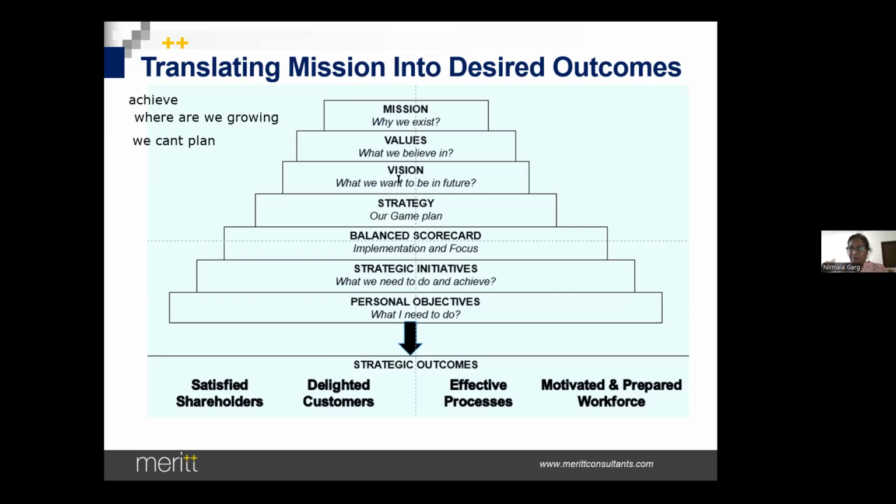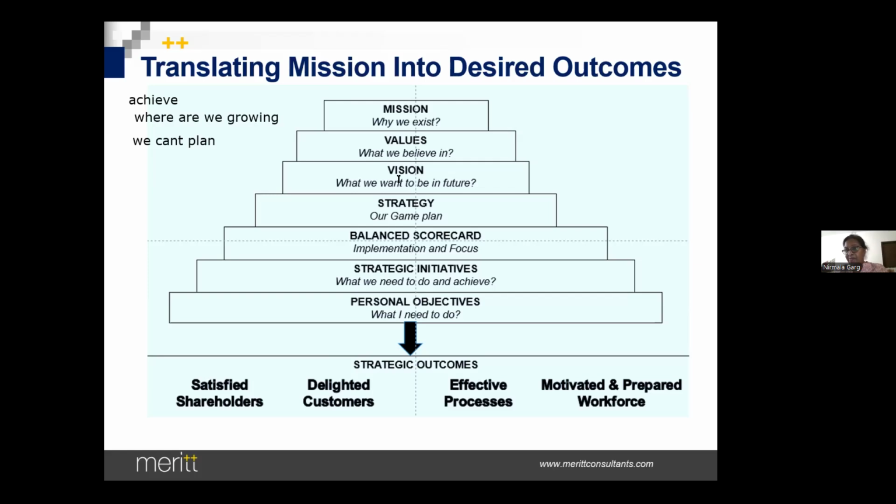HR is not just a third party or a service. It has to be a strategic function where it has to partner and align, get inspiration from the vision, and ensure the culture is communicated. Culture is not something written there in the CEO's room.